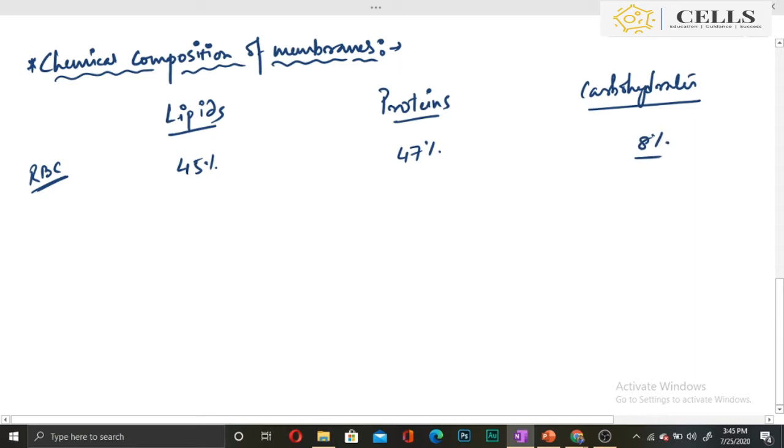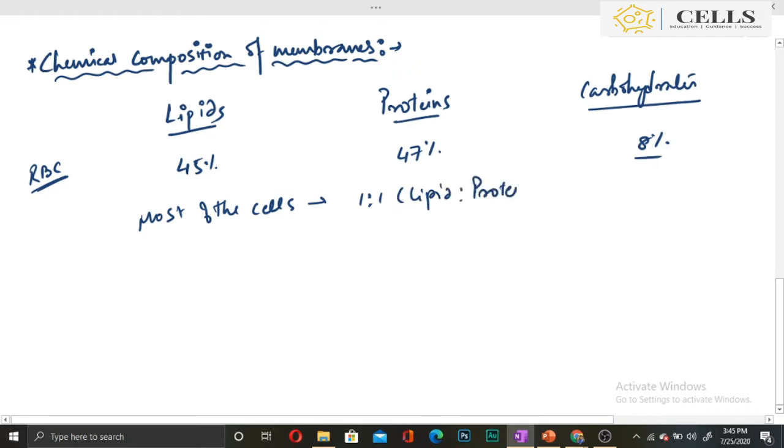In several interviews they ask: which kind of cells have a similar amount of lipid and protein, a 1:1 ratio? Most cells have a 1:1 lipid to protein ratio.